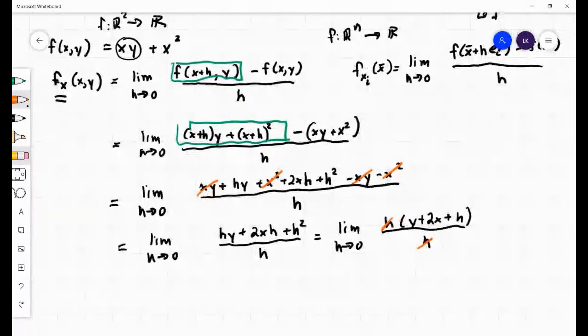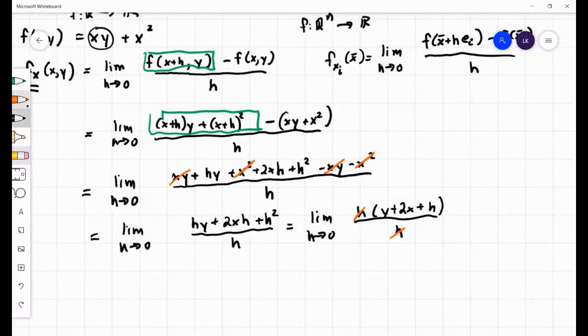Okay. So now we can easily take a limit. Before if we had tried evaluating the limit here directly, we would get 0 over 0. But now that the pesky h in the denominator canceled, we can let h go to 0, and we're left with y plus 2x.